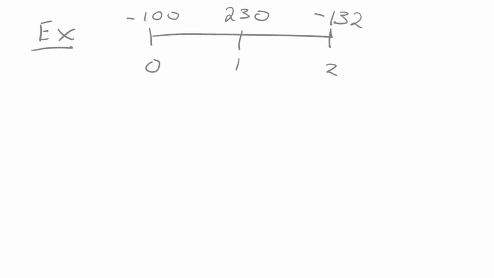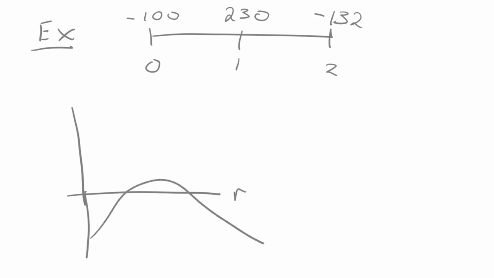So you can think about this as partially an investing project and partially a financing project. There's a little bit of investing, say between 0 and 1, and a little bit of financing between 1 and 2. So in this case, if you graph the NPV as a function of R, what does it look like? Unfortunately, it looks something like that.